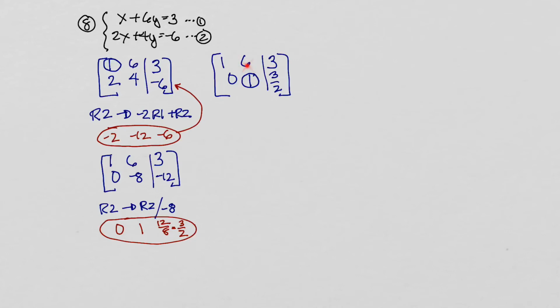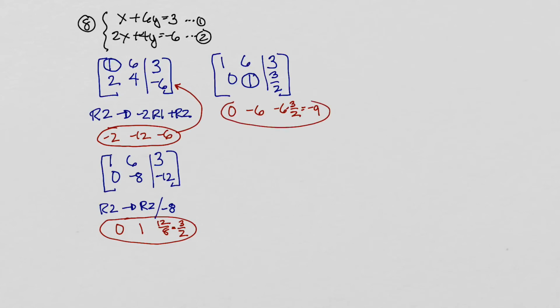We're going to take negative 6, the opposite of this number, and multiply it through our pivot row. Everything in the pivot row gets multiplied by negative 6. We'll have 0, negative 6, and then negative 6 times 3 halves. Well, negative 6 times 3 is negative 18. Negative 18 divided by 2 is negative 9.